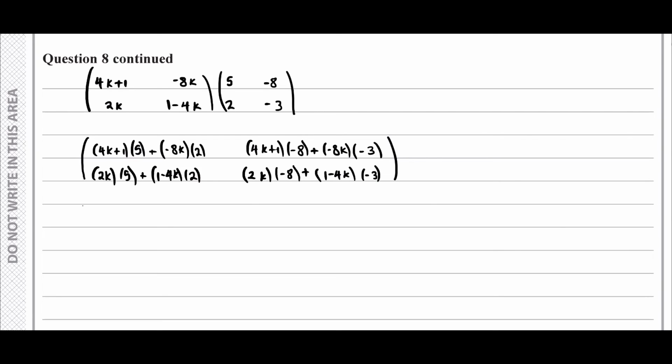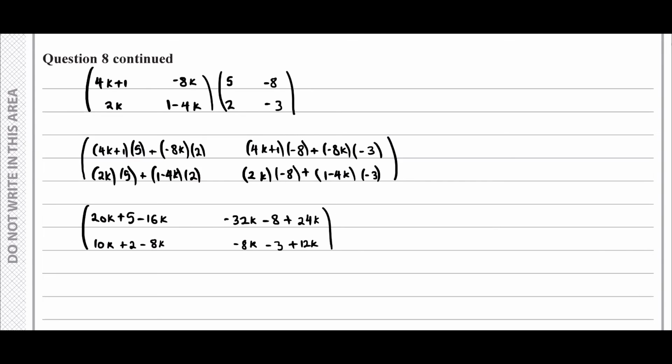so if we simplify the first element, we have 4k times by 5, which is 20k, then plus 5, then minus 16k. For the other element, we have 4k times by minus 8, which is minus 32k, and then we have 1 times by minus 8, which is minus 8, and then we have here plus 24k, and then here we have 10k plus 2 minus 8k, and then here we have minus 8k minus 3 plus 12k.